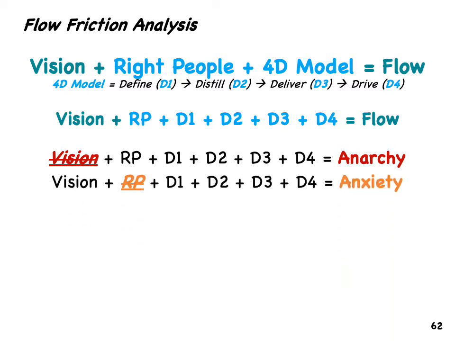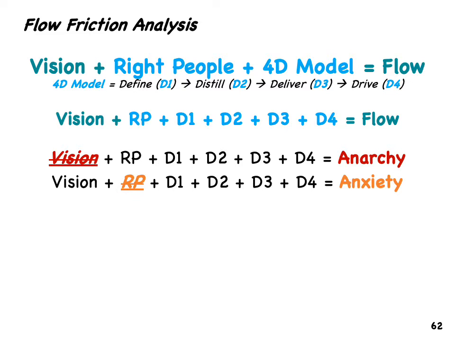If you don't have the right people on your teams, you're probably going to end up with anxiety. Either the person themselves knows that they're not the right person, or they realize that some of the other people on the team are not the right people. And if you have a team put together and they're trying to deliver something and they realize that they're missing one or two people, or they have the wrong people on the team, then that will create anxiety.